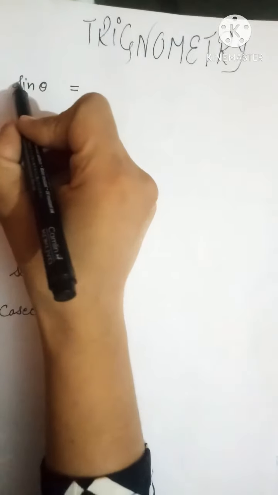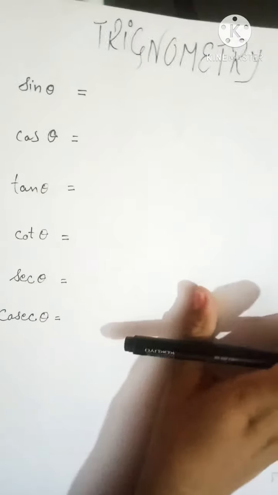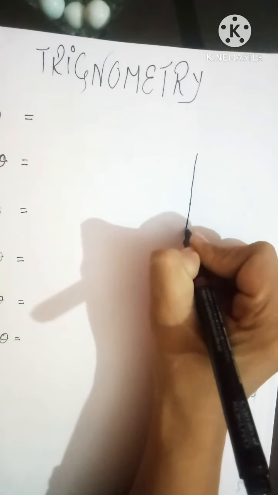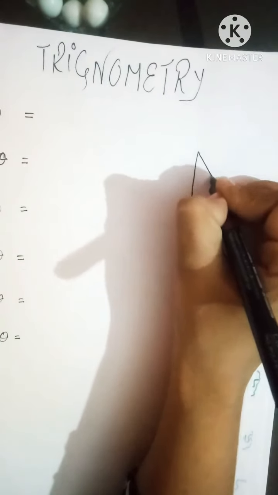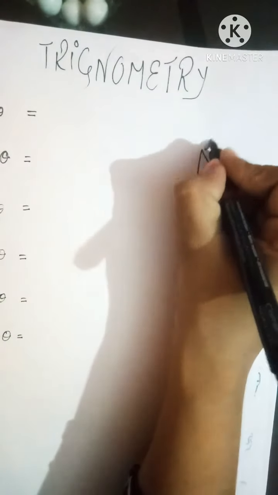Now let's come to the functioning of these t ratios. Firstly, we draw here a right angle triangle ABC. Does anyone know the motive of drawing this right angle triangle here?